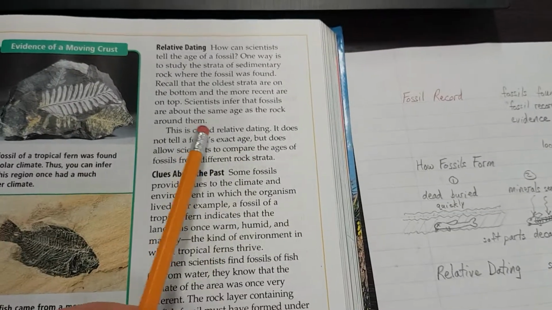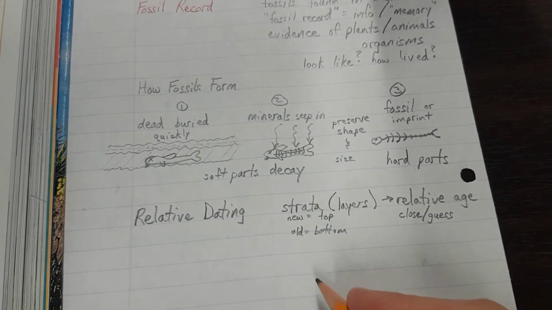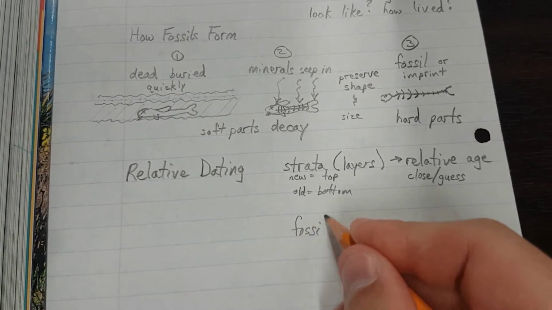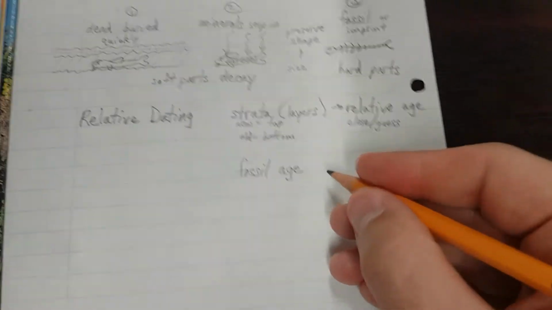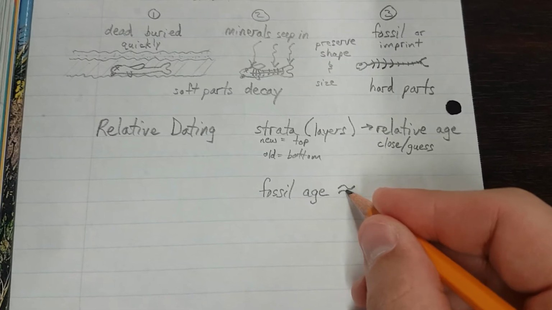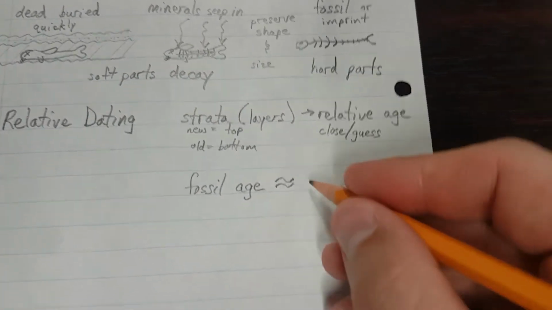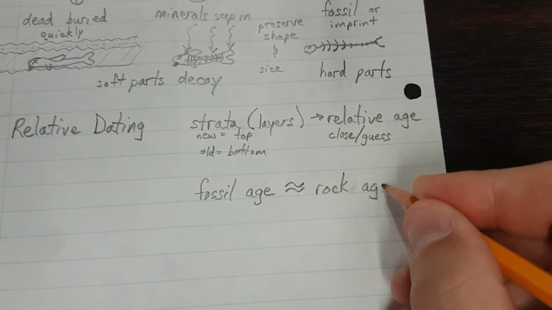All right. This is important. Fossils are about the same age as the rock around them. So fossil, F-O-S-S-I-L, age, A-G-E, and we're going to do an equals sign, but a squiggly equals, like that. Fossil age, squiggly equals rock age, R-O-C-K, A-G-E.